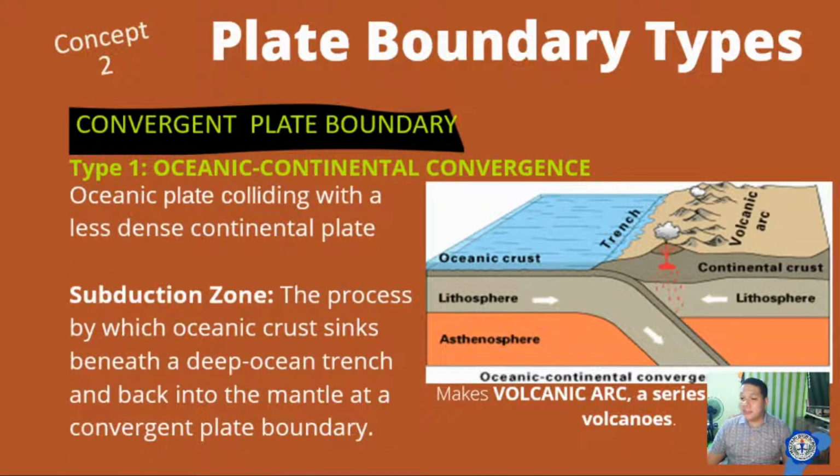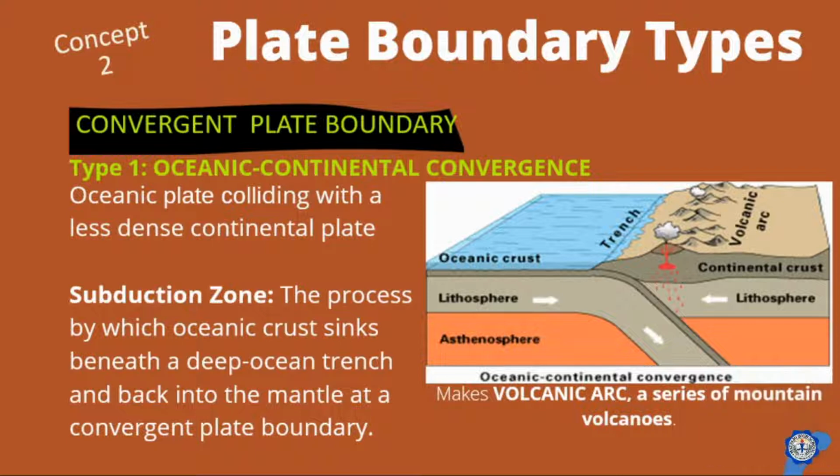The oceanic plate is colliding with the less dense continental plate, thus producing an area which subducts, or what we call the subduction zone. When you say subduct, it goes down because of the difference in density.